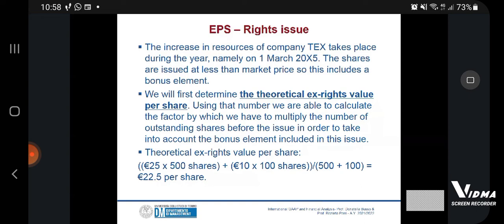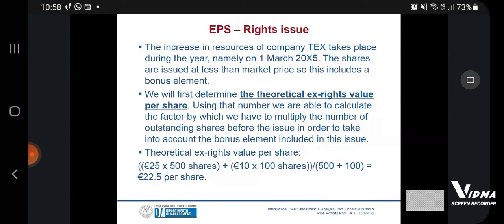In the rights issue, the multiplying factor is the ratio between two prices, the price before the rights issue and the price after the rights issue. But as the price after the rights issue can vary in the markets, the standard has introduced a theoretical way to calculate this price after, or ex-rights price.